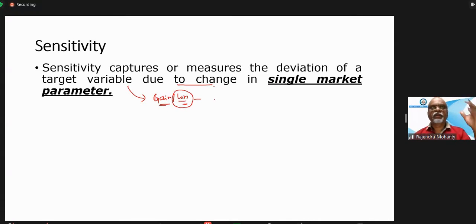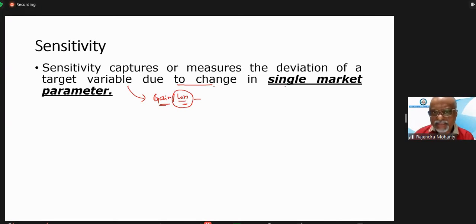So I told you in the beginning that these are the measurements of our investment portfolio. So all the assets which are traded in the market, their values can change. Asset value may change due to movement of market price or other things. So the market price is one of the parameters. So there are different parameters in the market.